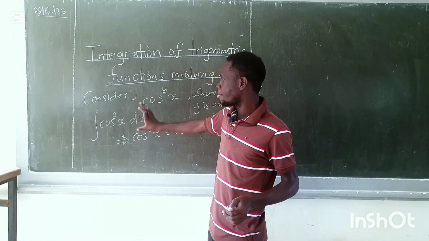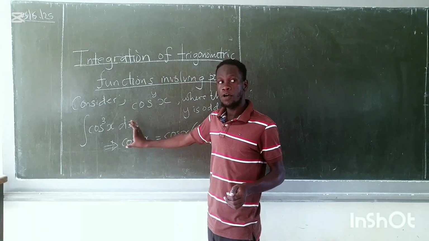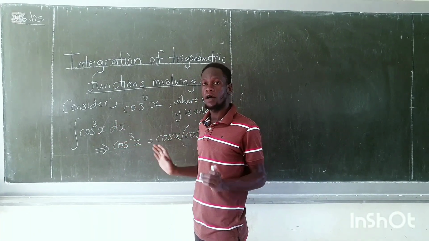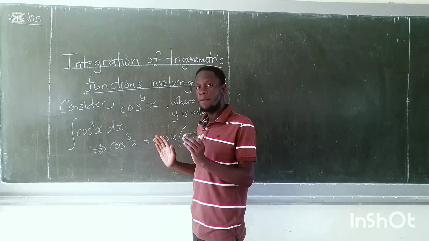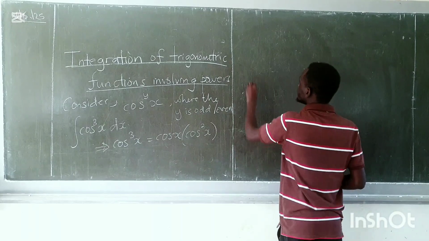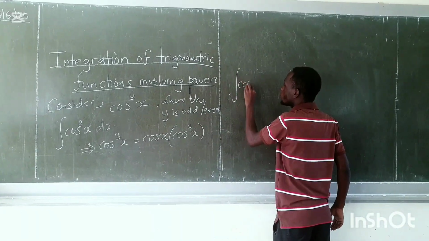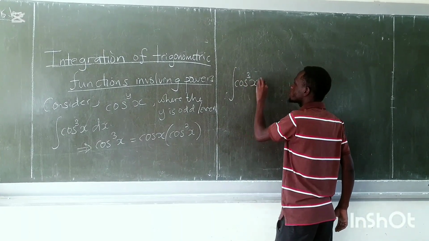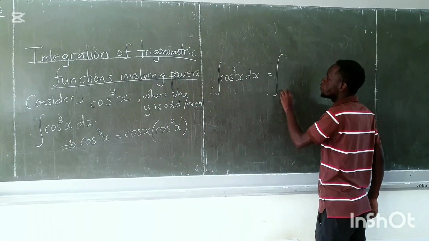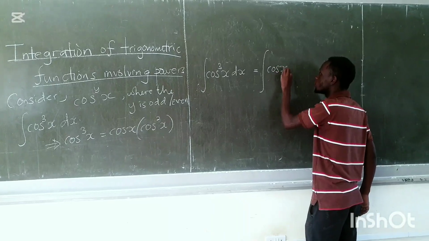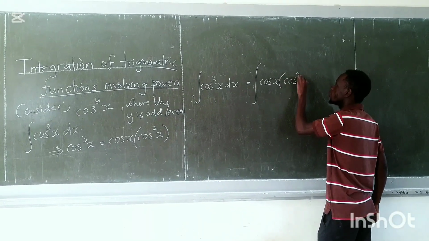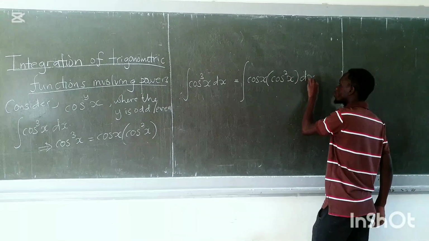So if I'm handling integrals having odd powers, I break down the integral into other formats that are easier to deal with. So the integral of cos^3 x dx will be the same as the integral of cos x times cos^2 x dx.